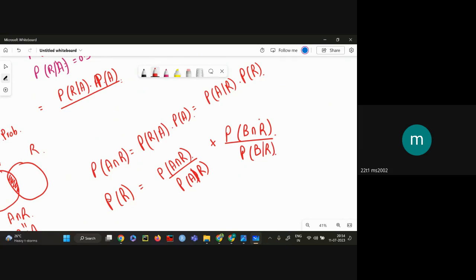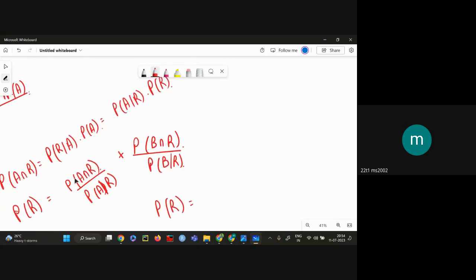What is the probability of rejection? P of R given A into probability of A plus P of R given B into probability of B. Okay, how are you writing that? In this, you are basically substituting P of A intersection R. You are just substituting, but even more intuitively.